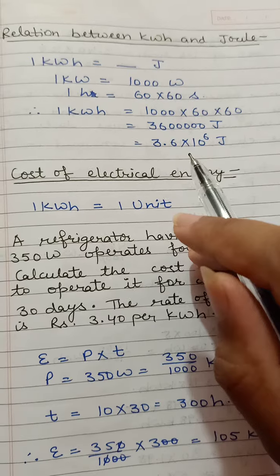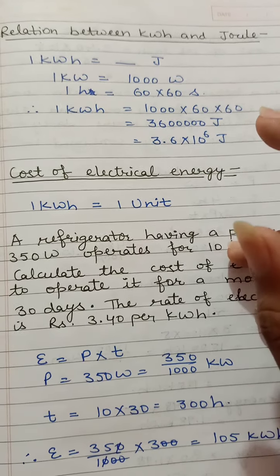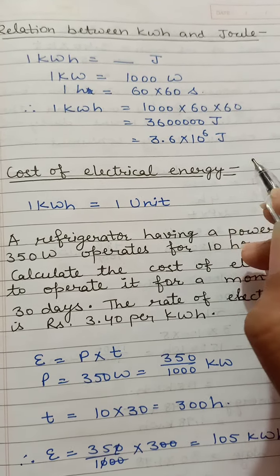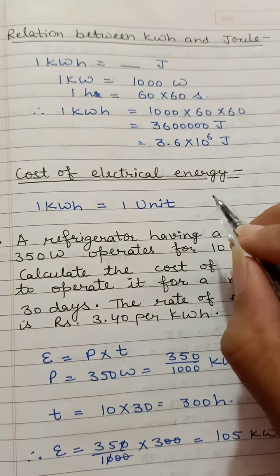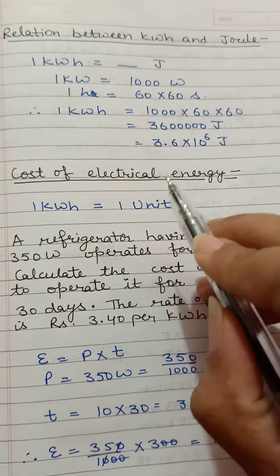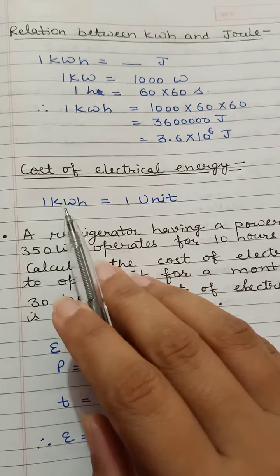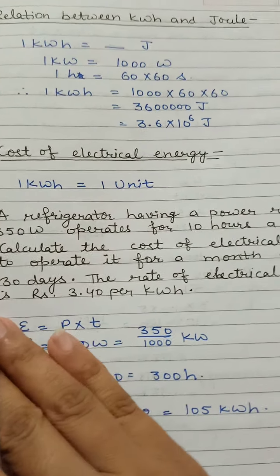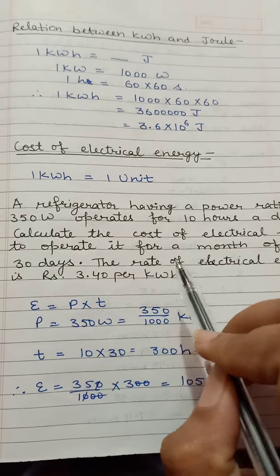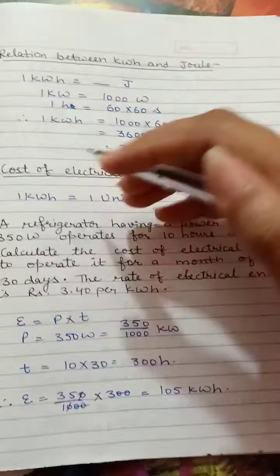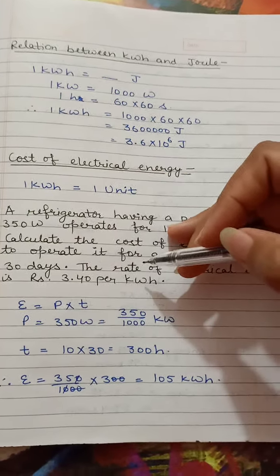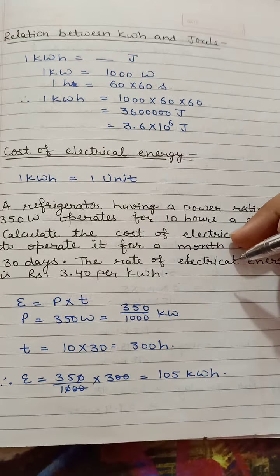Suppose in 1 month a house consumes 250 units, that means 250 kilowatt hour of electrical energy is consumed by that house. So 1 kilowatt hour is equal to 1 unit. We can do this numerical and understand this topic with the help of this numerical.